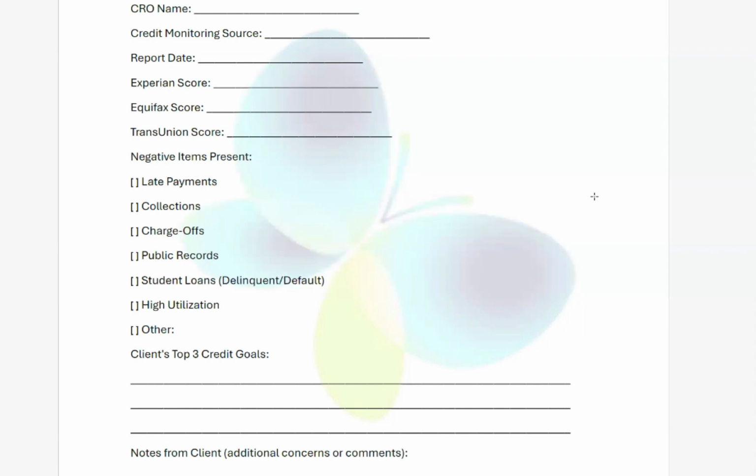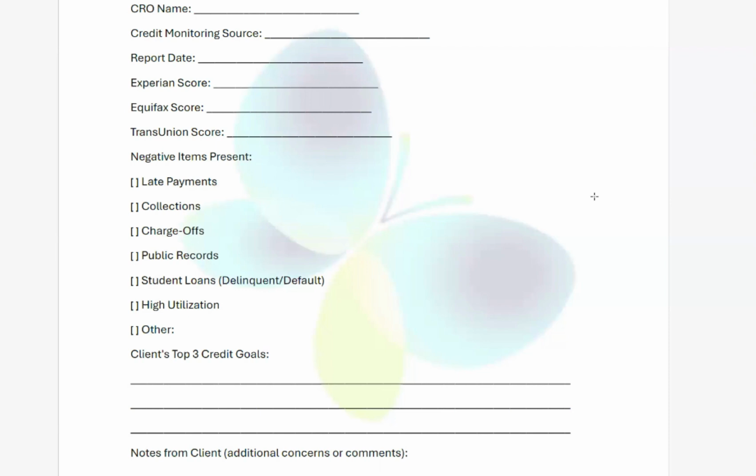Or you go over a collection account and they tell you, "I paid that last month," or "I paid that 6 months ago," and it's still reporting that balance. Those are all things you really need to know, so jot down those notes, because those are your FCRA violations too. As you go through this, you'll be able to put together an entire plan based on a lot of what they're telling you.